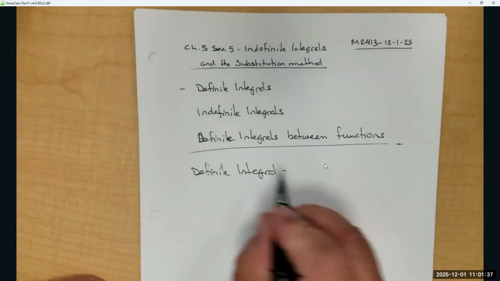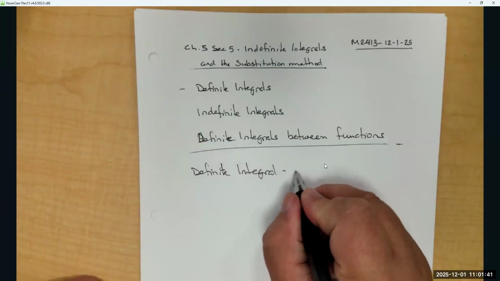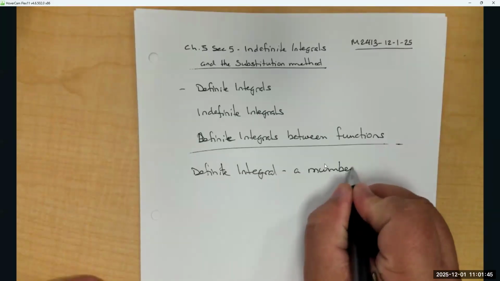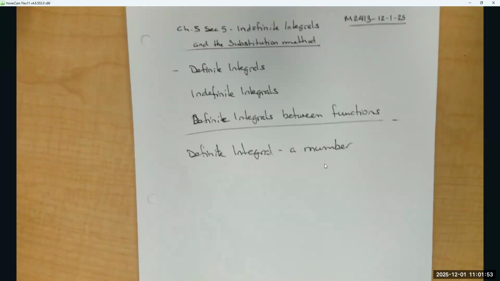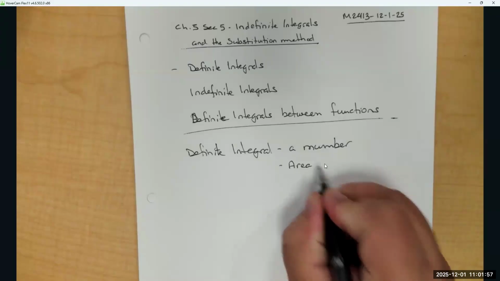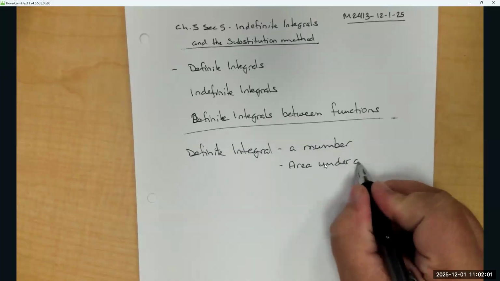A definite integral is a number. What does that number represent? The area under a curve.